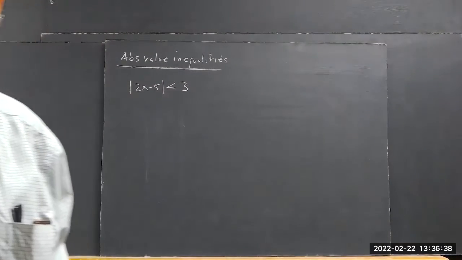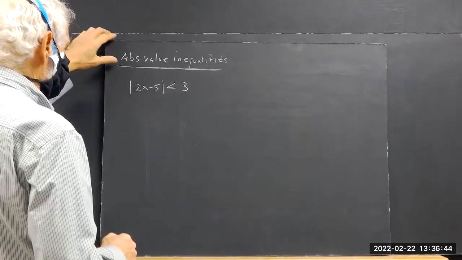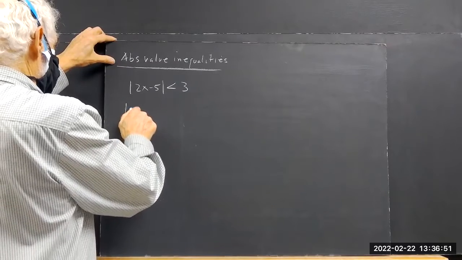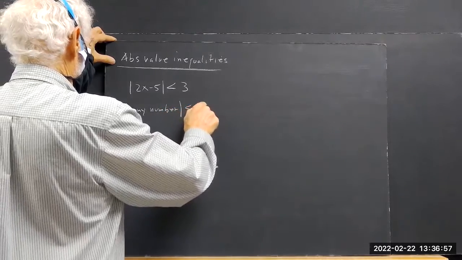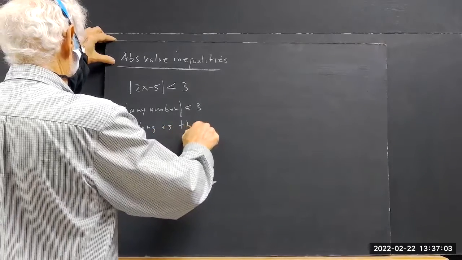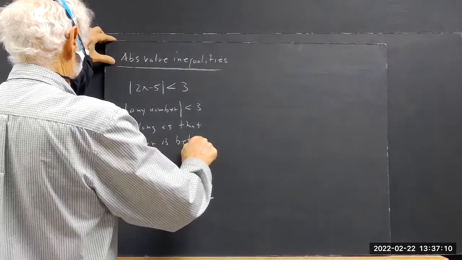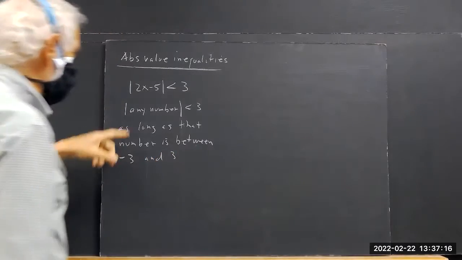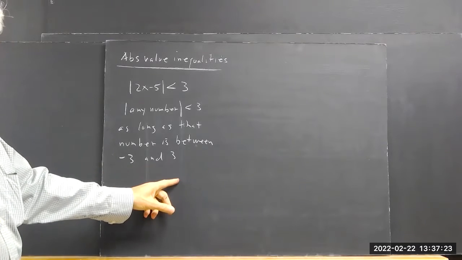Well, the absolute value of any number is less than 3 as long as that number is between -3 and 3.